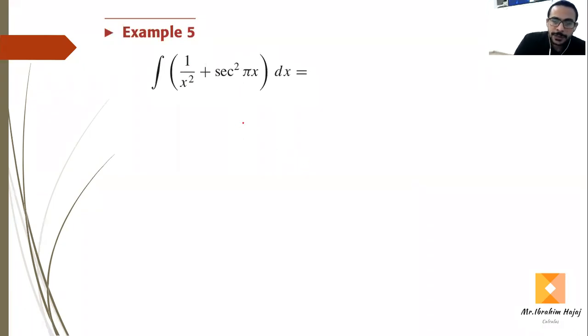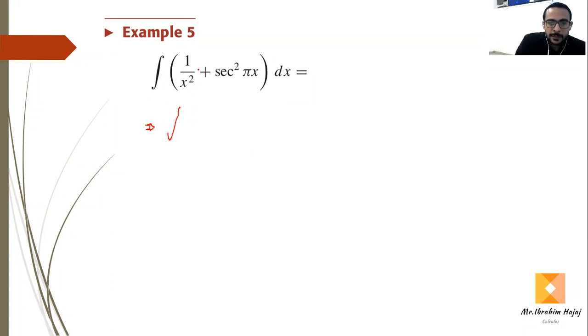In the next question, example 5, the integral of 1 over x squared plus secant squared of pi x dx. Can we try, guys, to do it without using the u substitution method?